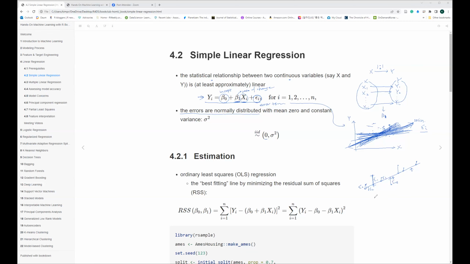When we sum all of these, sigma from i equals 1 through n of epsilon i, this is 0 or close to 0. In regression, we assume that the sum of the error terms should be 0, right?